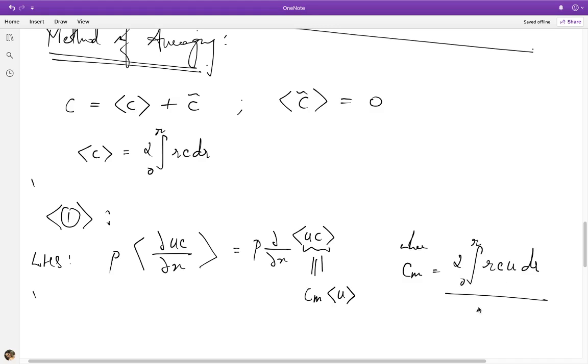And then to normalize, I also have to account for, sorry, I keep making this mistake, it's not 0 to R, it's 0 to 1, of u r dr, and this is nothing but the mean concentration.